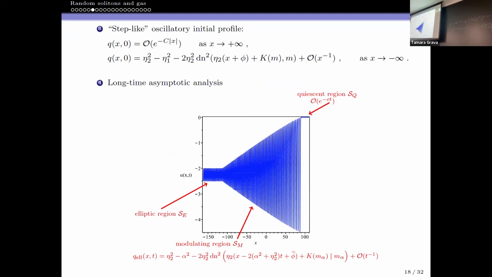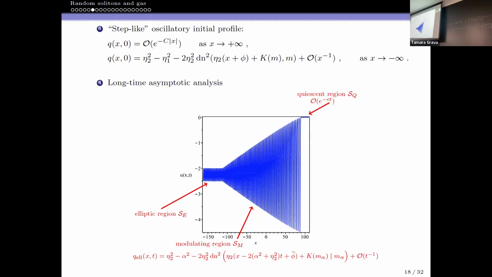For this particular choice that we made, and there are many other choices, it is basically step-like oscillatory: at plus infinity it is decreasing exponentially fast, and at minus infinity it looks like an elliptic wave. What I want to remark is that this decay is very slow, so if you want to do direct scattering with this data, it is a very nasty object. It is a very bad beast for direct scattering.